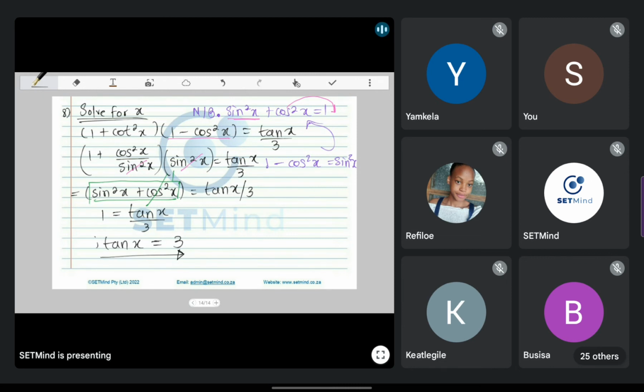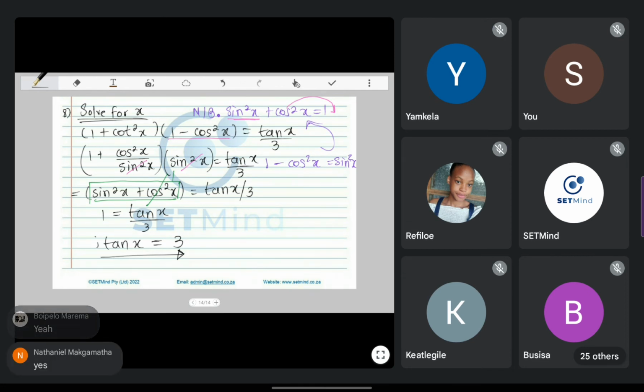So I'm not sure if you guys are allowed to use calculators. Are you allowed? Are you guys allowed?